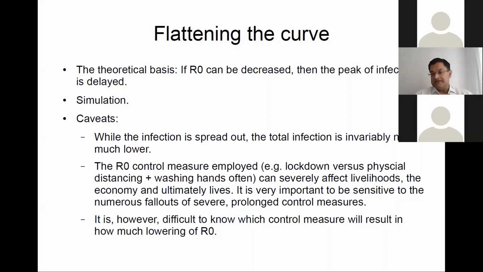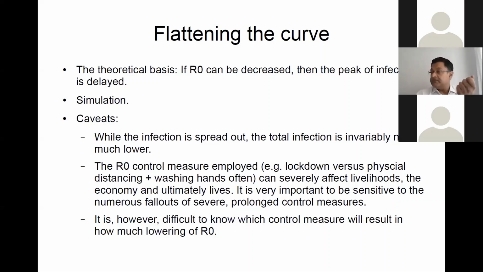And it's important to be sensitive to the numerous fallouts of these severe prolonged control measures, for the reasons the simulation shows. It is in general a difficult thing to know what control measure will result in how much lowering of the R0.